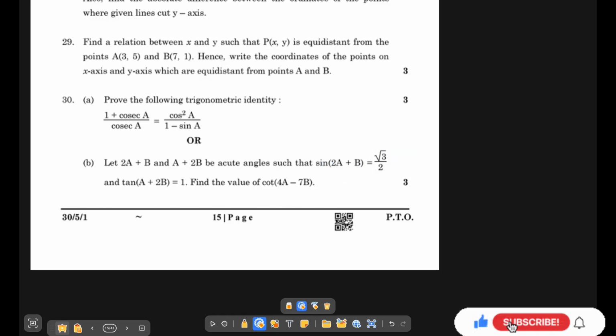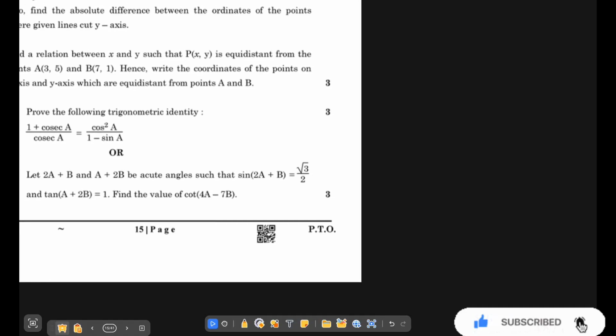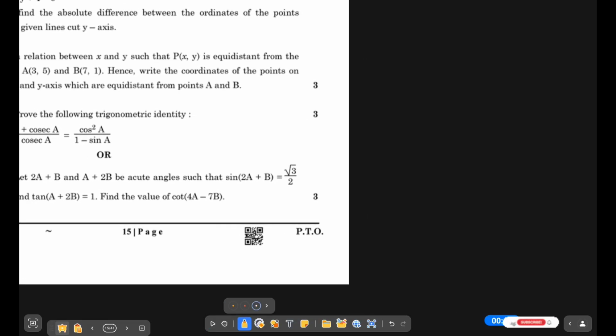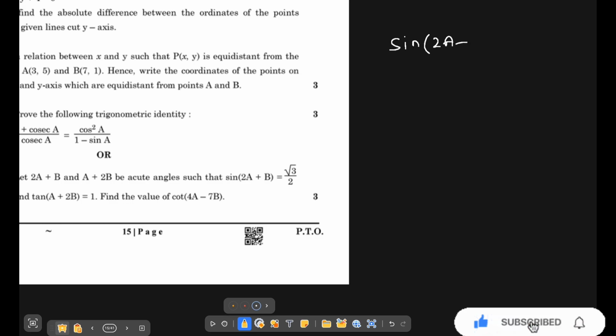So write what is given first. It is given that sin of (2A + B) is equal to root 3 by 2, and tan(A + 2B) is equal to 1.